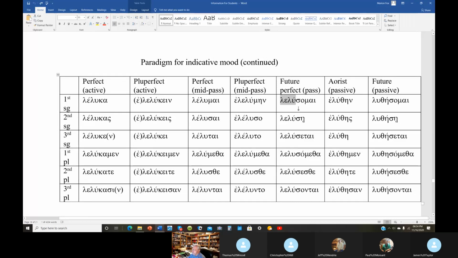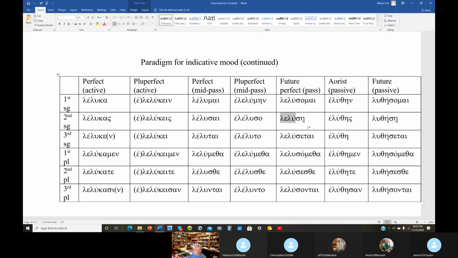I'll do the stems again, but you can see right there, that's your stem and that's your ending. So take the stem and add somai to it, and that'll be future perfect passive. There's your stem and there's your endings for the future perfect passive. And there's not very many future perfects in the New Testament. I know there's one in the book of Hebrews, and there's a couple of others scattered around.